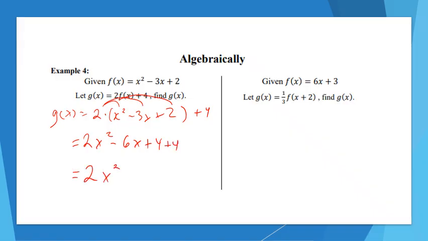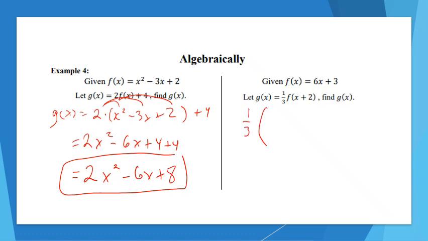And we can simplify this to get this is our function. If we do the same thing here, g of x equals 1/3 times f of x plus 2. So this is 1/3 times 6, and then instead of x, x plus 2. And so let's simplify this.